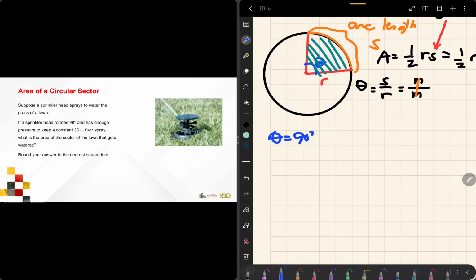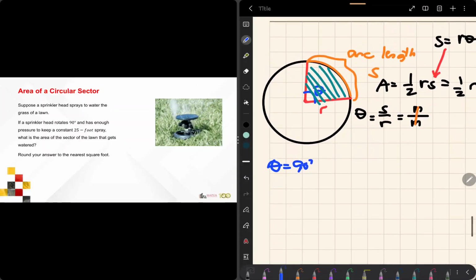If our center is the sprinkler, the total length that the spray can achieve is 25 feet. So this length, our radius, is 25 feet. Radius R is equal to 25 feet.